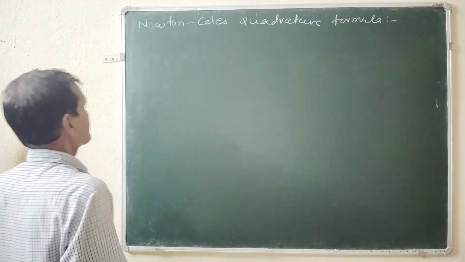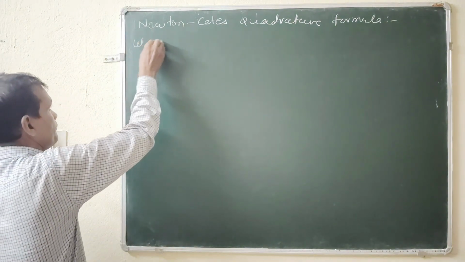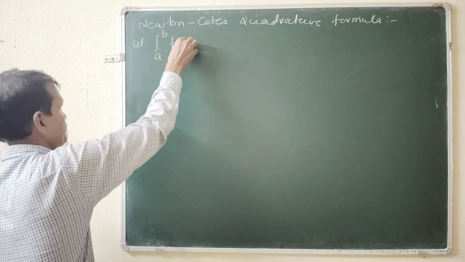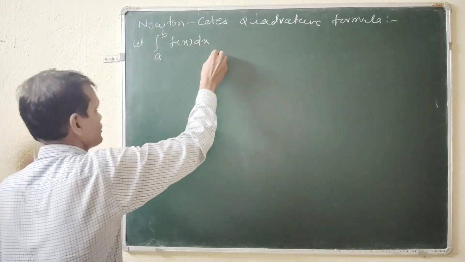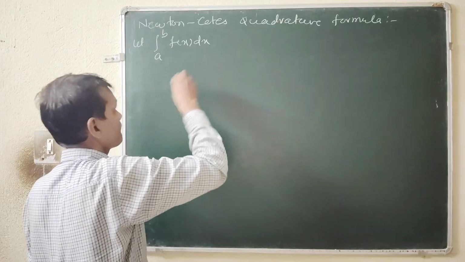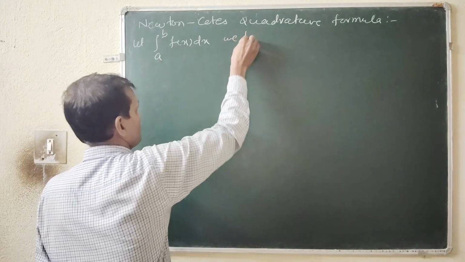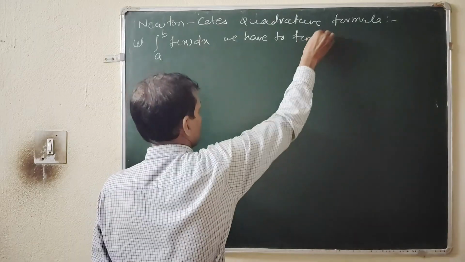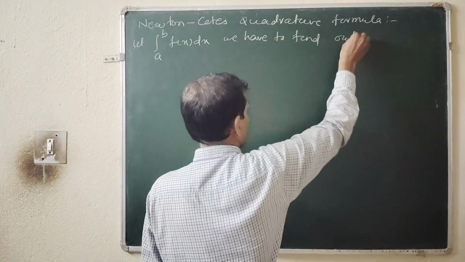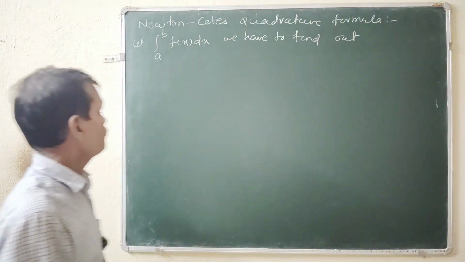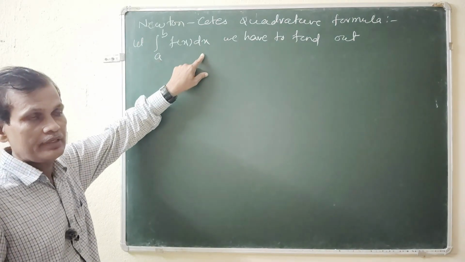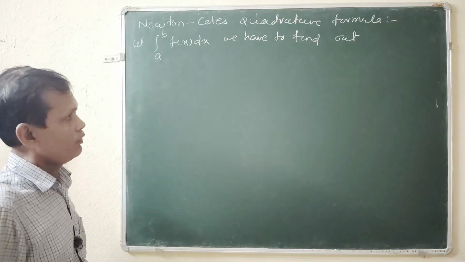Let I be the integration a to b f(x) dx. We have to find out integration a to b f(x) dx. So this is a definite integral. See what happens.